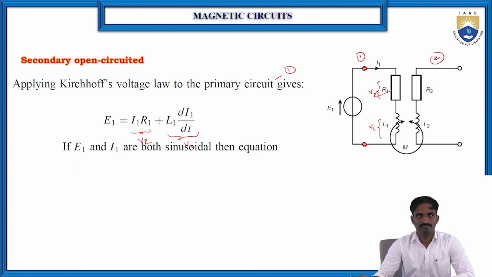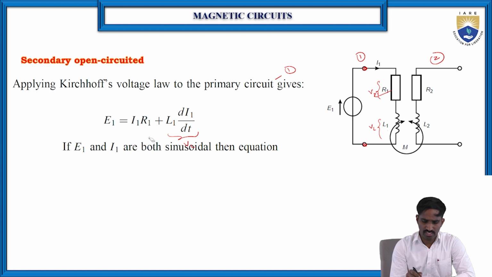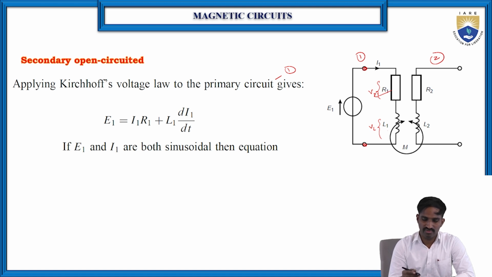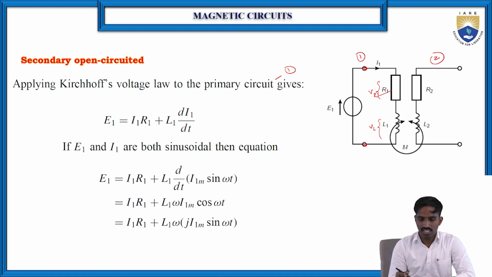Then after that, the same concept that we applied in the general case applies here also. Of course, if I1 is sinusoidal, then definitely E1 will also be sinusoidal. So if E1 and I1 both are sinusoidal, then wherever I1 is there, you just substitute I1M sin omega t.